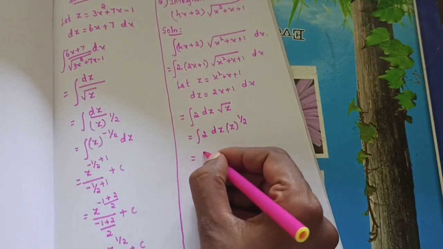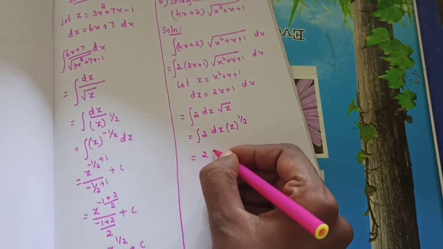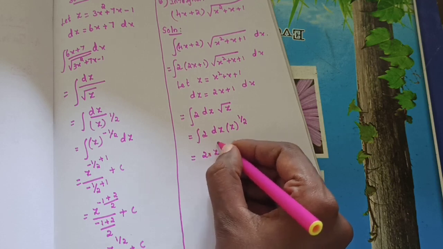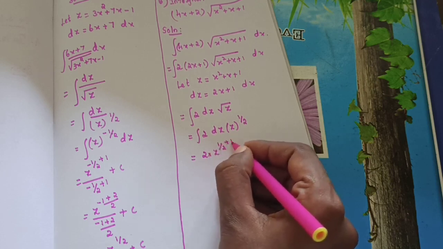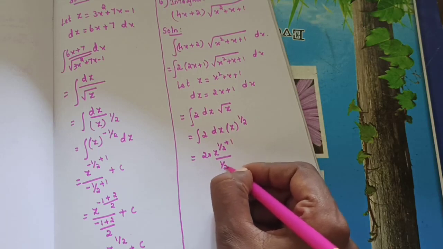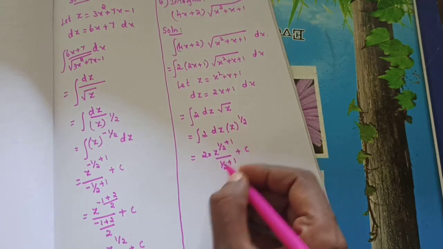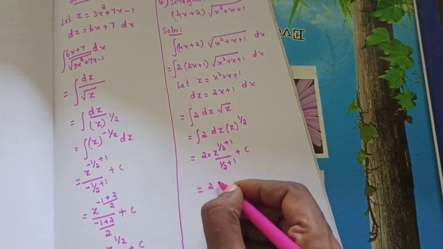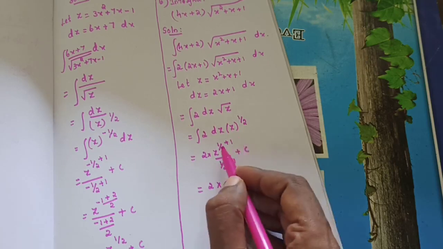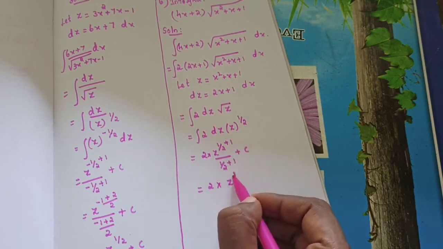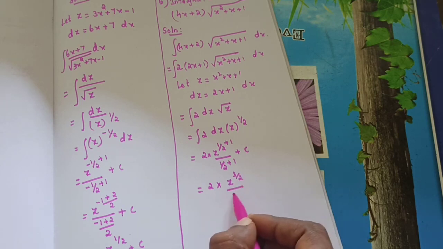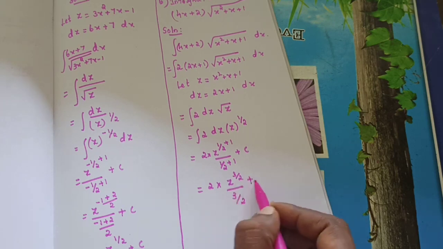So that's equal to 2 into, let's integrate using the formula x power n. So 2 into z power (1 by 2 plus 1) divided by (1 by 2 plus 1) plus c. So that's equal to 2 into z power 3 by 2 divided by 3 by 2 plus c.